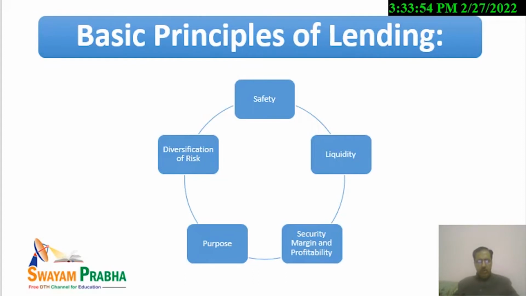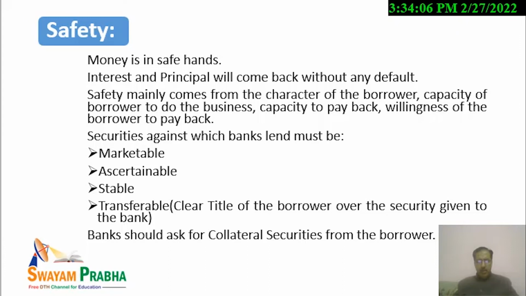So my dear students, first of all, we will have the first principle. The first principle is safety of money. Now, I have told you on various occasions, again I am telling, what is the primary function of a bank?